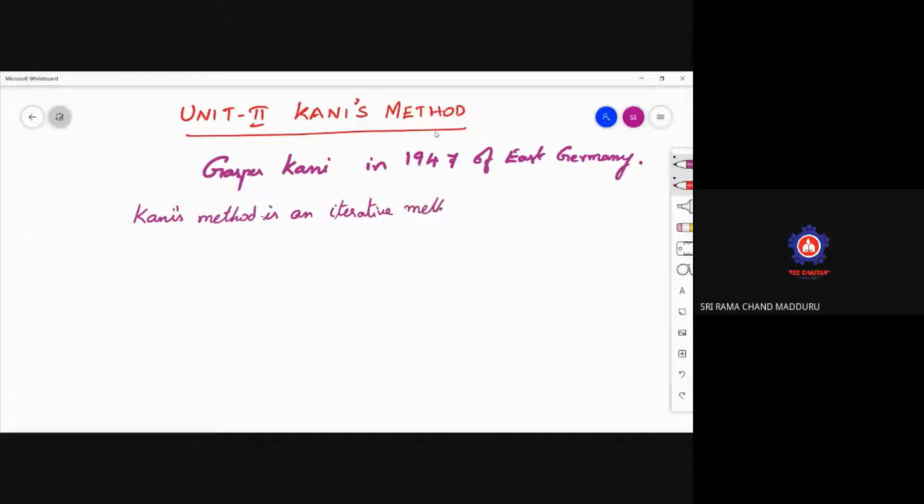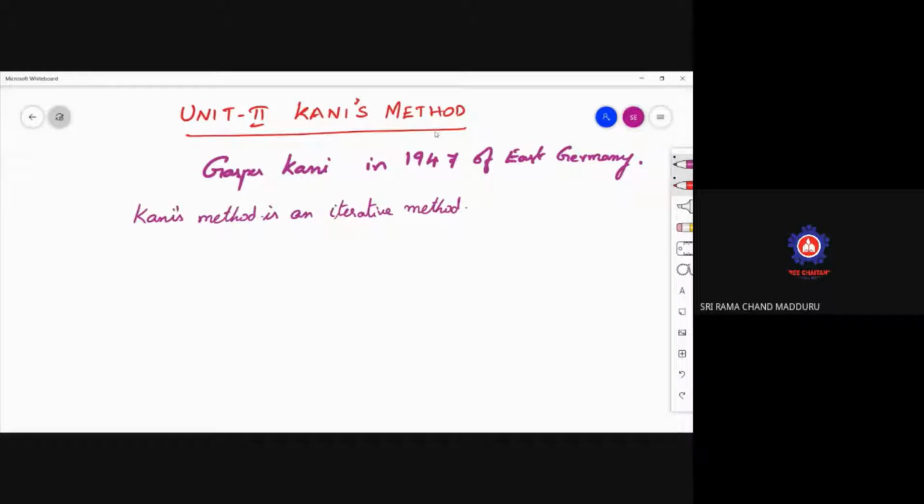Iterative or iteration means the error will be minimized when you repeat it a number of times. In a similar way, in the moment distribution method, you have observed what we have done. The difference between the moments at a joint is distributed and balanced, then it is carried over and the carried moments are developed.